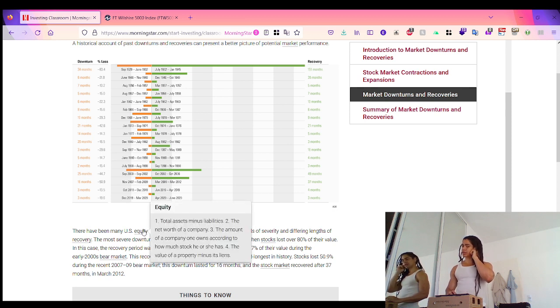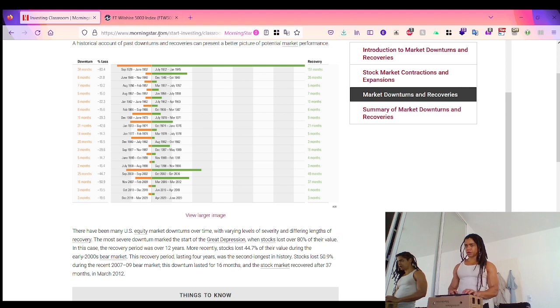Okay, with this equity: the total assets minus liabilities, the net worth of a company, the amount of a company one owns according to how much stock I have, the amount of the company stocks I own, and the value of a property minus its lien.